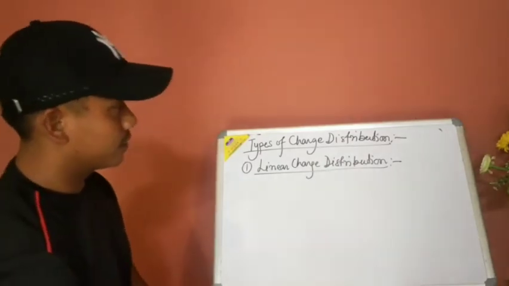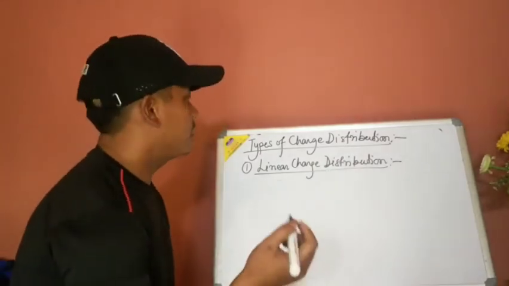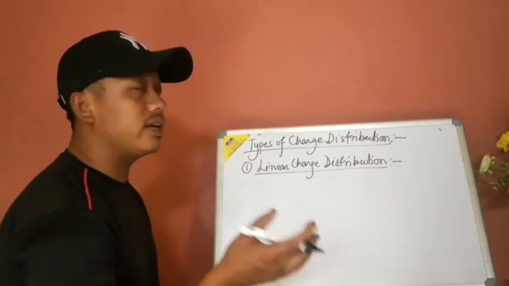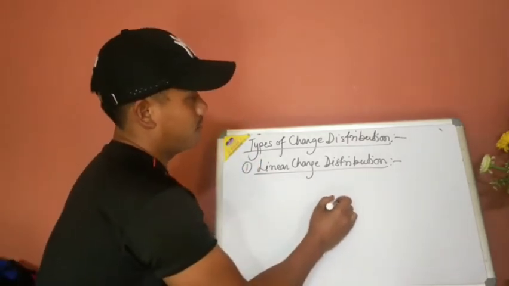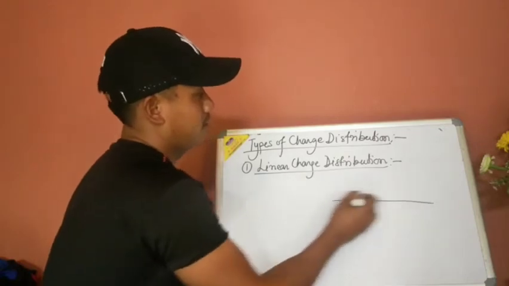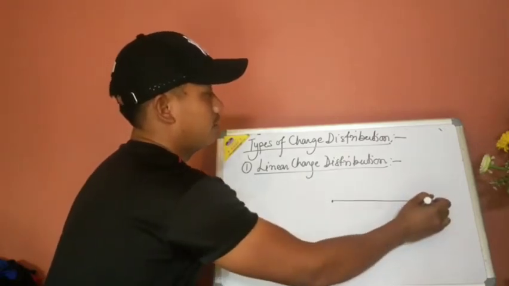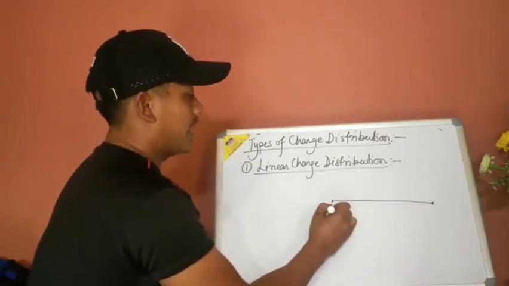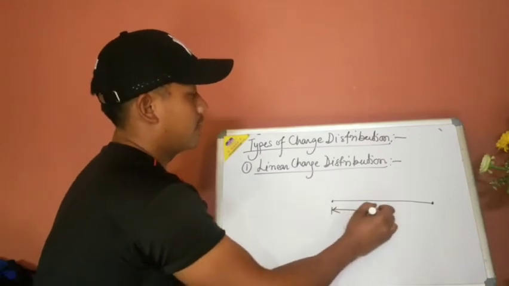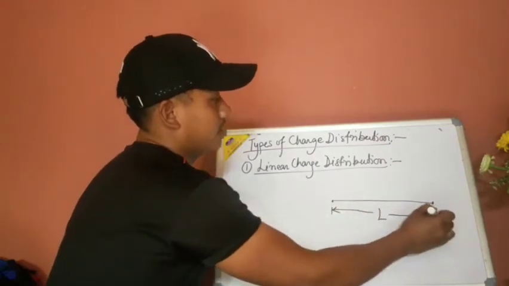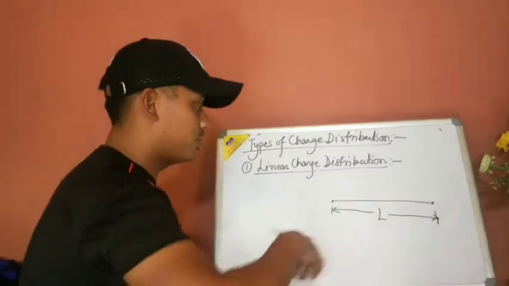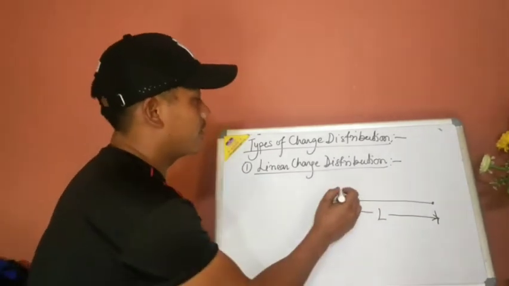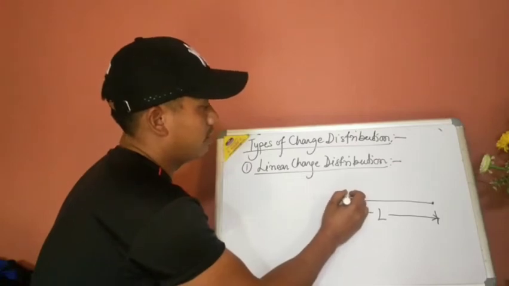Here, linear, as the name suggests, means it will be a one-dimensional body. So when you have a line or one-dimensional body, it will have a length L, and let us say some charges are distributed uniformly on the line.